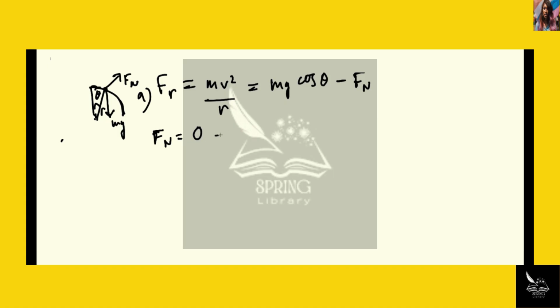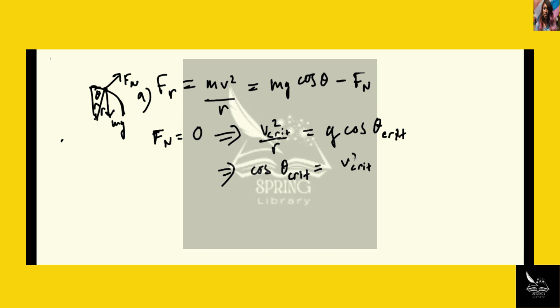So Fn is 0 would imply that v crit squared over r is g cosine theta crit. And so cosine of the critical angle is critical velocity squared over gr. And we'll call that equation 1.